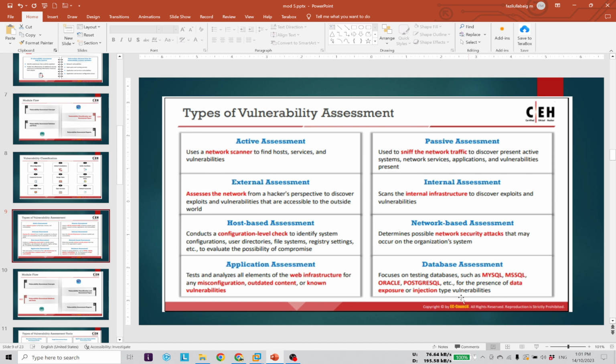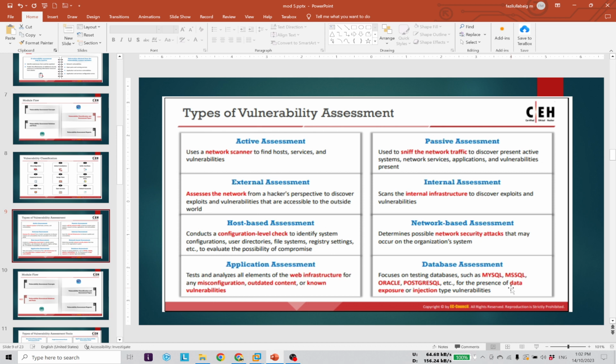They are tested for the presence of data exposure or injection type vulnerabilities. And I can say here there is one vulnerability which directly attacks the DBMS, that is SQL injection. In upcoming modules there is a topic where I will briefly explain how we can discover and identify SQL injection, and how we can exploit it and dump the data of a website.